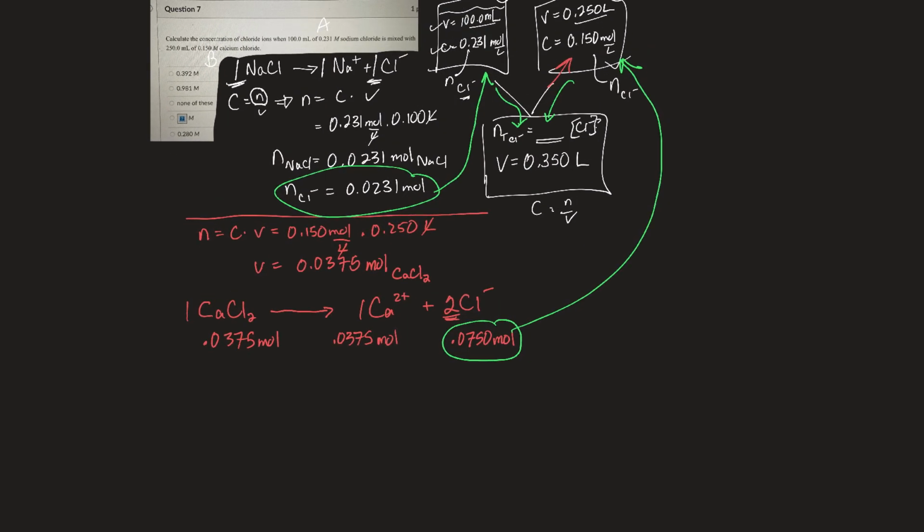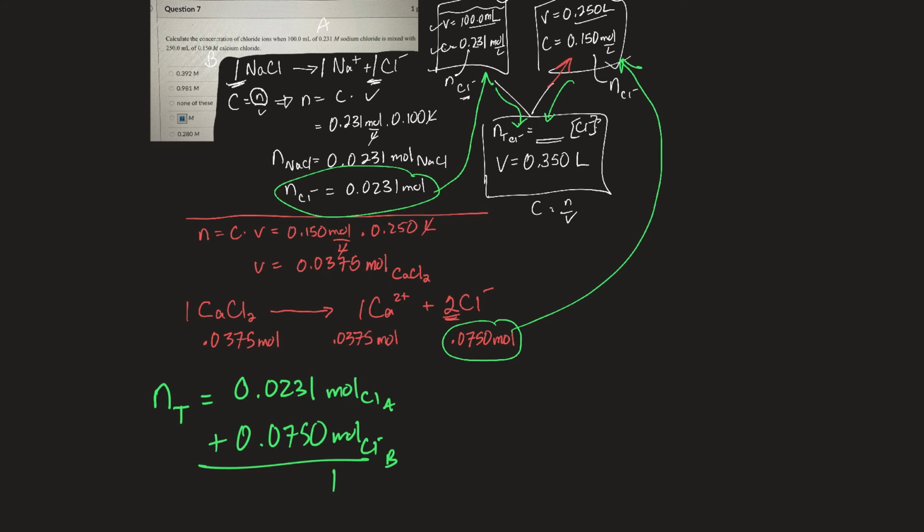Okay, so then my moles total are going to be equal to 0.0231 moles of chloride ions from solution A, plus 0.0750 moles, and those are my chloride ions from solution B. Add those together. 0.0981. There. So that's my total number of moles of chloride ions.